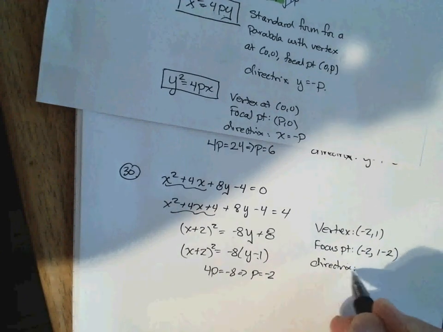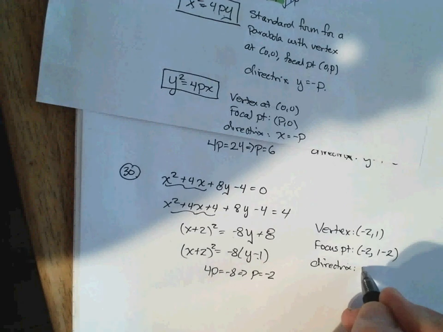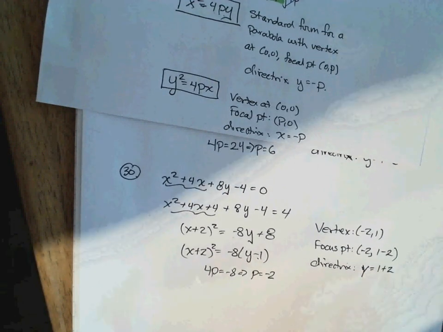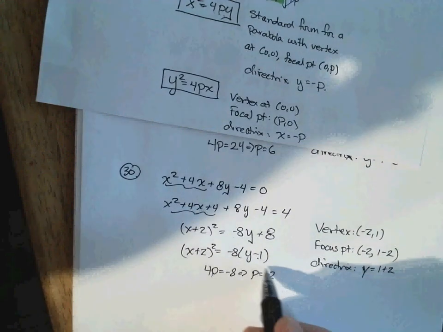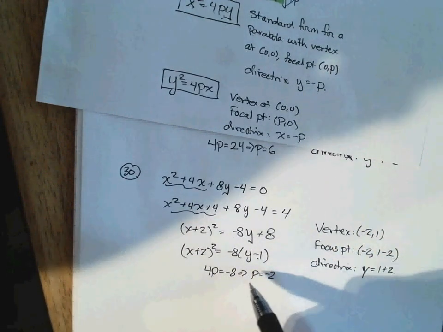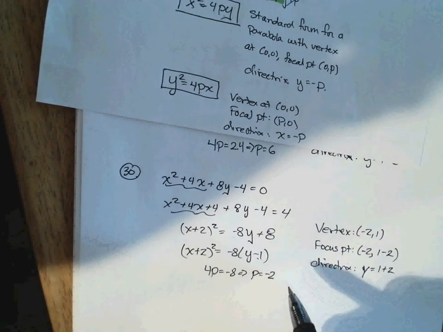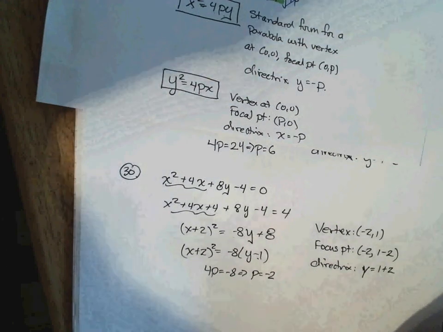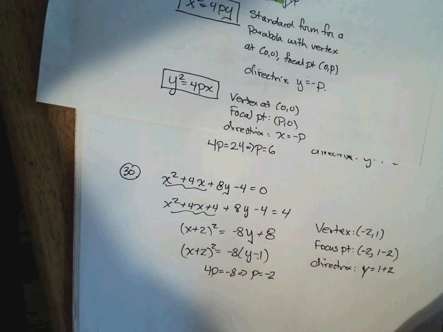So (-2, 1 - 2). And to get to the directrix, you're moving up. So that's going to be y equals 1 plus 2. So there's the effect of a negative p-value. We move in the opposite direction from the vertex that we're normally moving in. Okay?